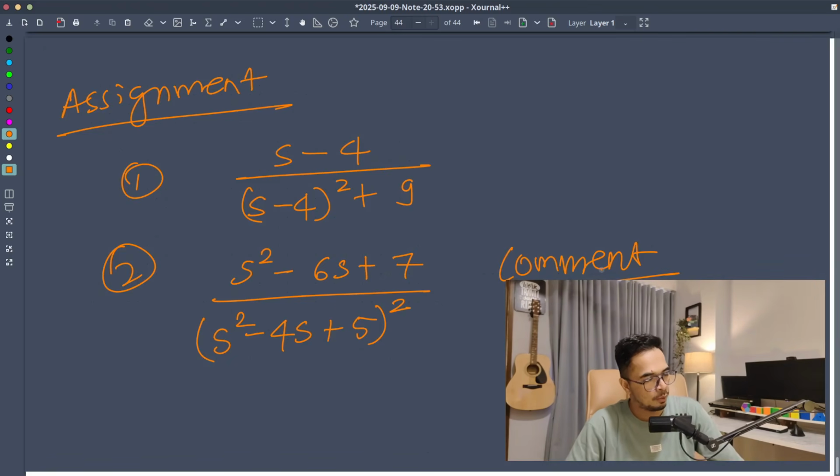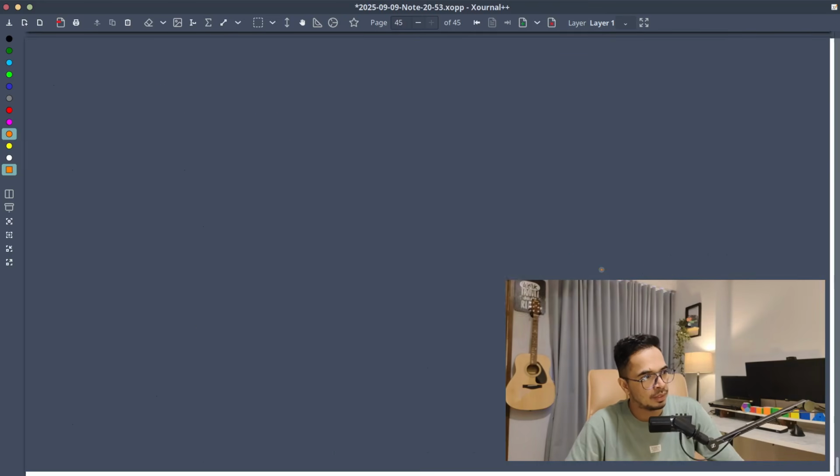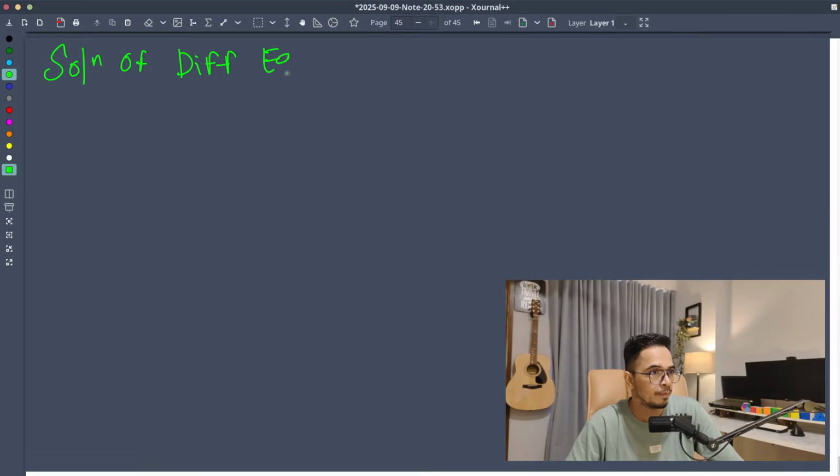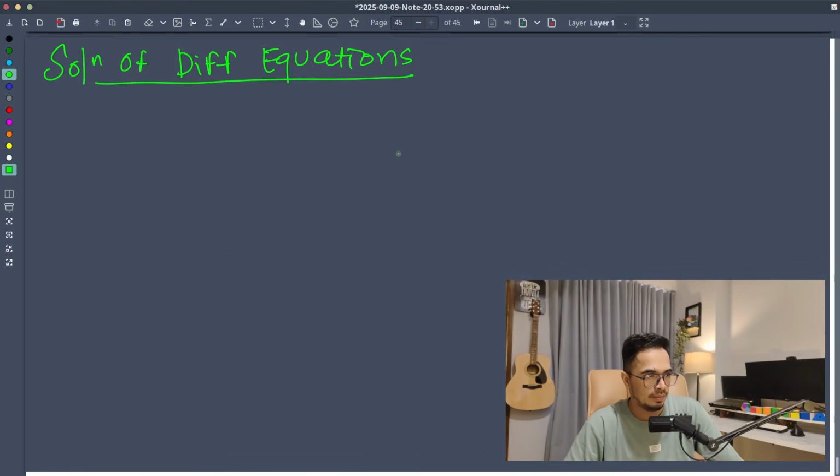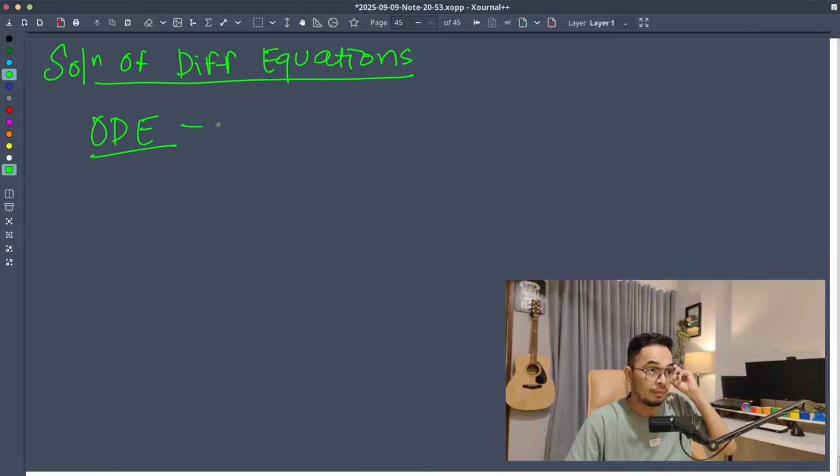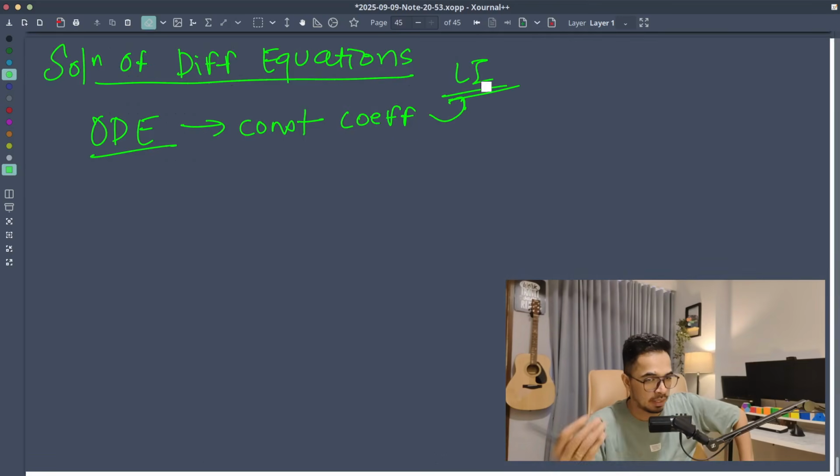Now moving on, let us talk about the solution of differential equations, the primary usage of Laplace transform. So if we talk about an ODE, and a typical ODE where we have constant coefficients, where it is linear, maybe let us start with the first order one.